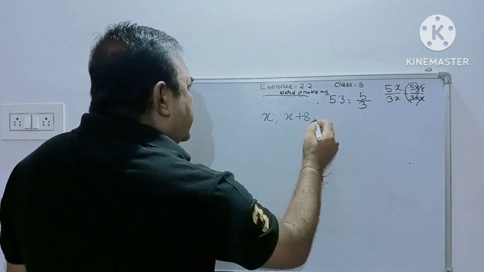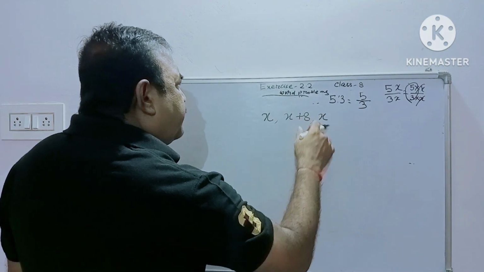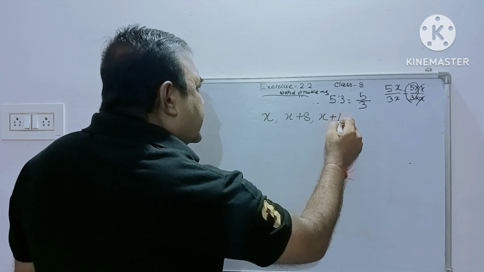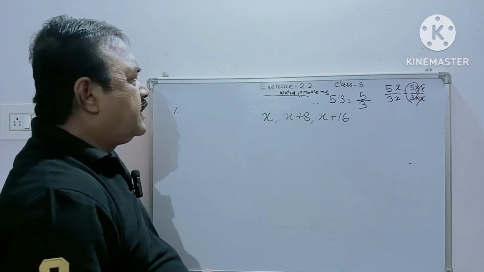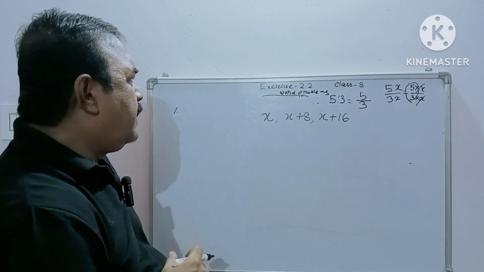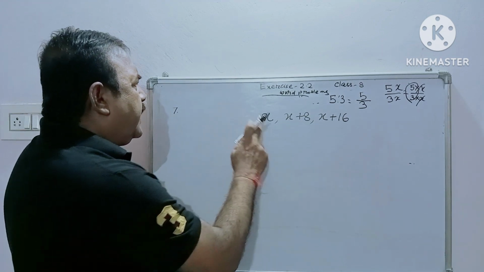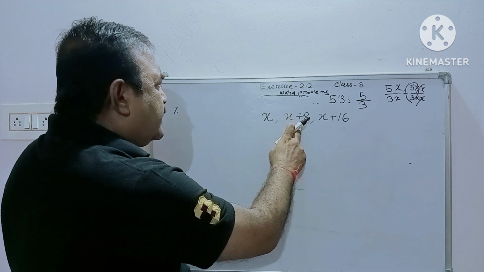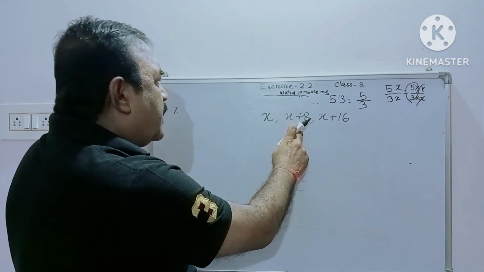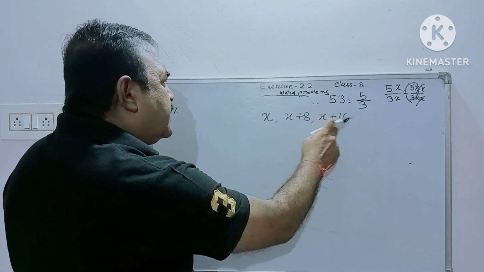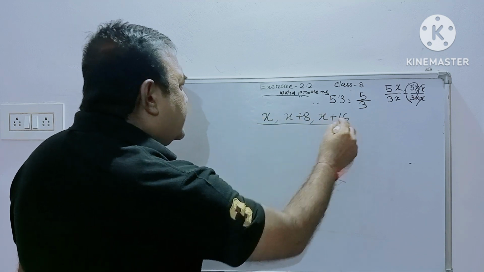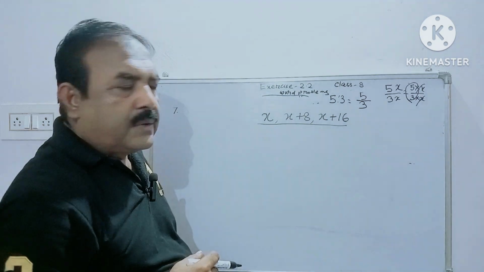Then the next number, that will be x plus 8 plus 8, that is x plus 16. You may take like this, the three consecutive multiples of 8.